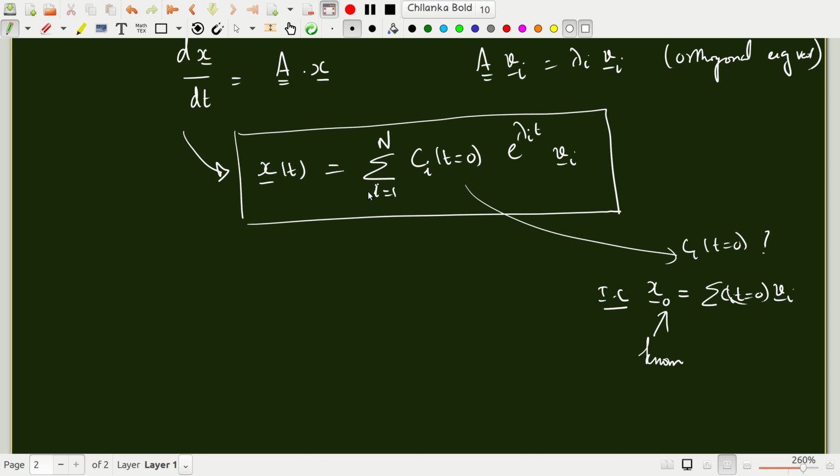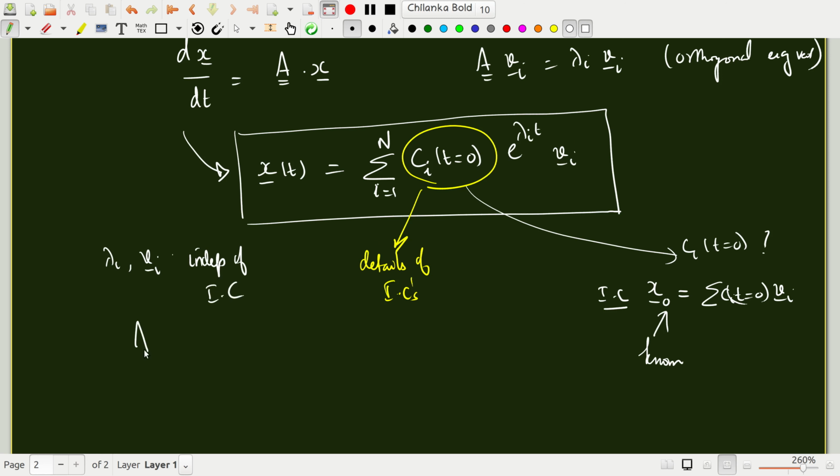All right, now imagine, so basically the details of the initial condition are comprised or contained in this set of constants. The specifics of the initial conditions are present in the constants, because remember that lambda i, Vi, the eigenvalues and eigenvectors, are independent of initial conditions. They're just functions of the operator A: lambda i, Vi.